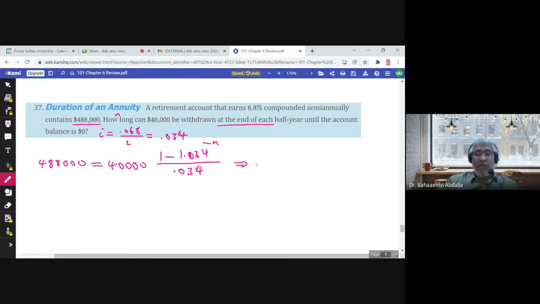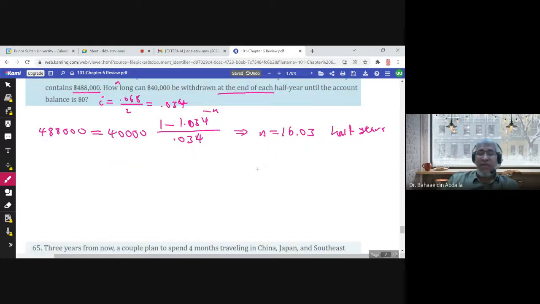Please do it. We have done a question about it earlier to solve for n, and to make sure that n is 16.03 half years. Well, 0.03, it is approximately 16, so you can say approximately 8 years.